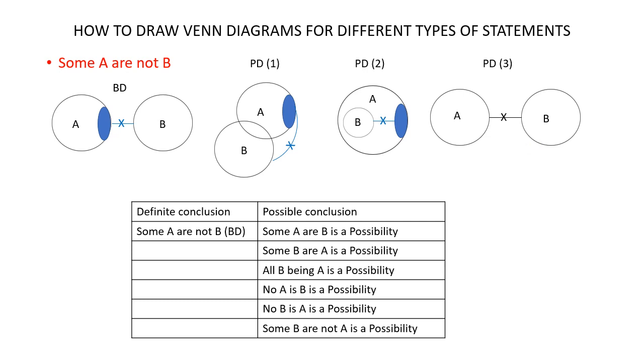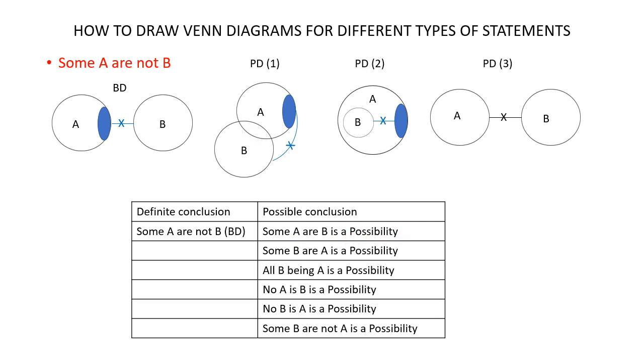Now let's see what all possible conclusions can be arrived at using these possible diagrams. Now as you can see in possible diagram 1, this portion of A is contained within B. So some A are B is a possibility.